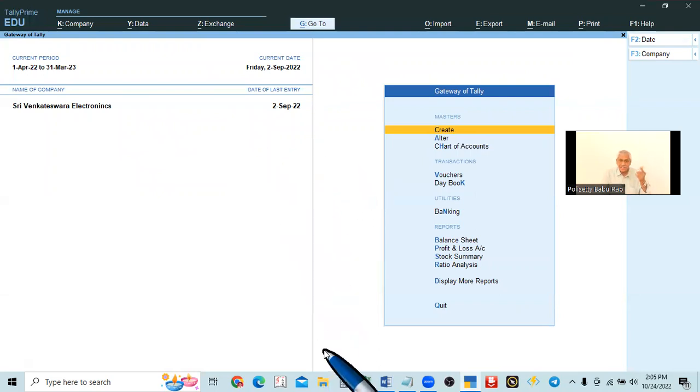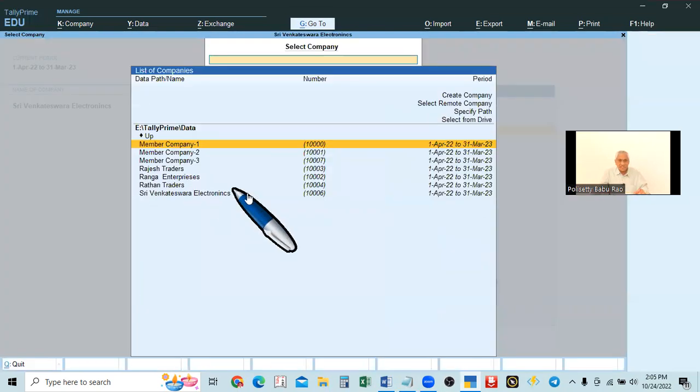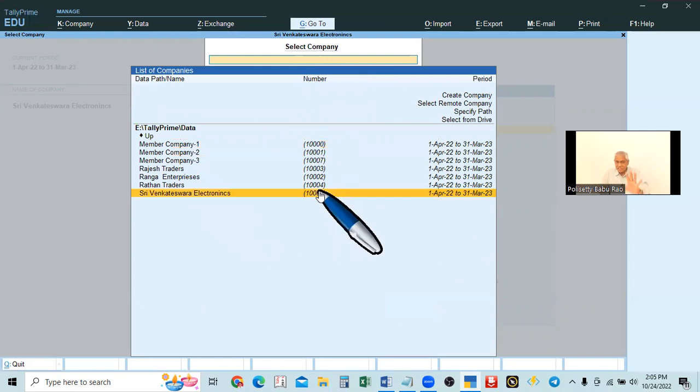If you make that setting, then when you open Tally Prime, the Gateway of Tally will open directly with a particular company loaded. But now we are selecting from the list on the select company page, which is always better, so whichever company we want, we can select.